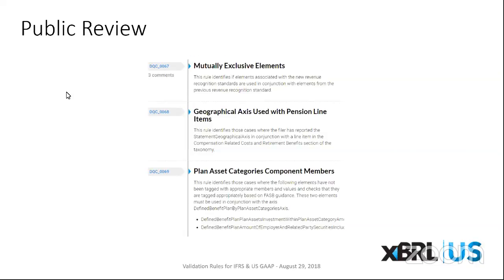The second area that this addresses, and this may not be really relevant for people quite yet, but it will be for year-end reporting, is the changes that were made to the pension disclosures by the FASB. The FASB did a major overhaul in 2018 of the pension disclosure requirements in terms of how they should be reported in XBRL format.